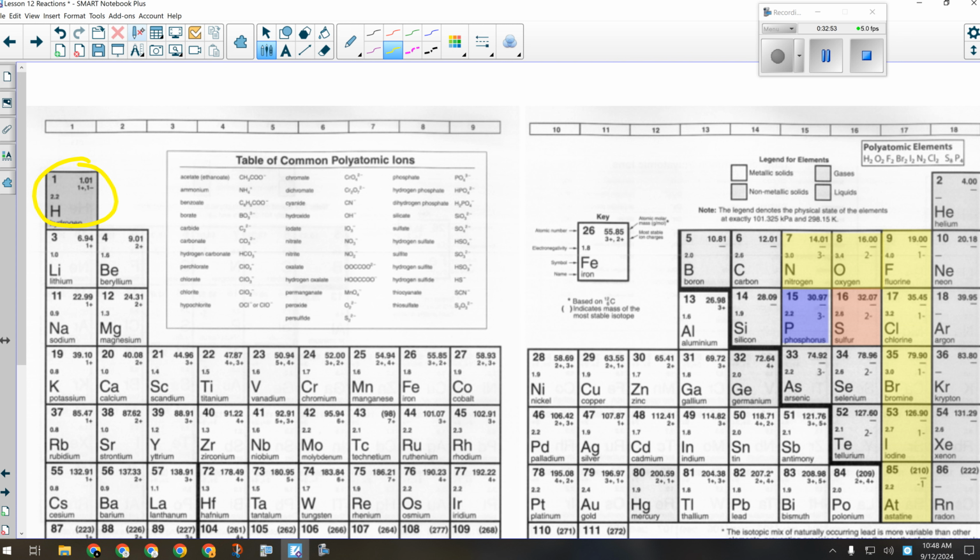Phosphorus is a 4, in purple. Sulfur is an 8, in orange. Sulfate? Sulfur's 8.